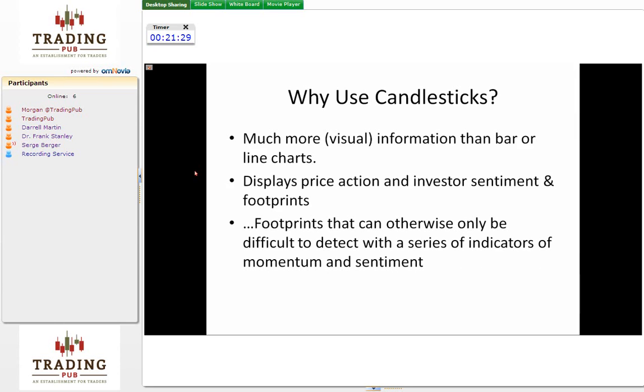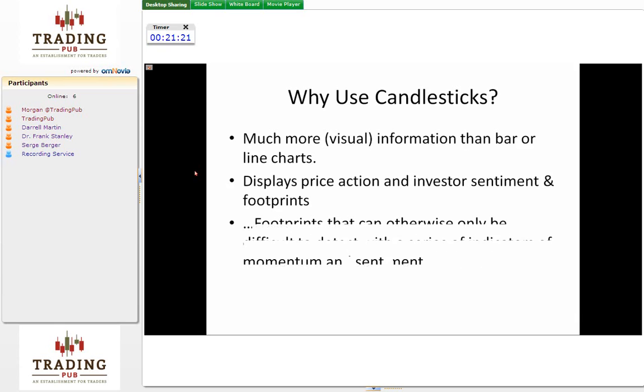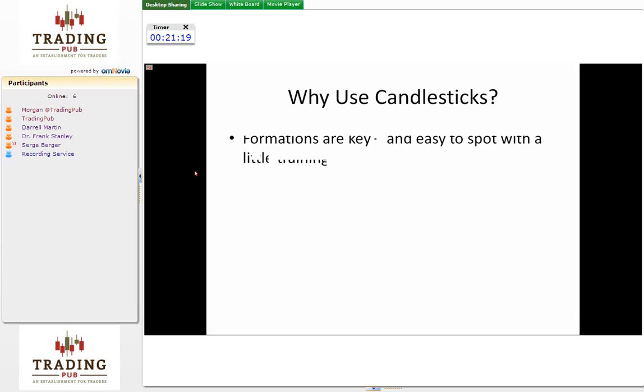In other words, candlesticks also show you the emotions that investors have at any given point. Like I just said, footprints that can otherwise only be difficult to see. So instead of looking at a gazillion different indicators, one candlestick, if it's powerful enough, can essentially tell you almost everything you need to know.